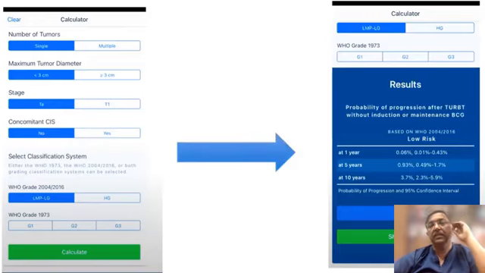So again, these are some of the patients who can be managed by resection followed by a single dose of intravesical mitomycin C, and followed by follow-up, which is 3 months, 9 months, and then yearly for 5 years.